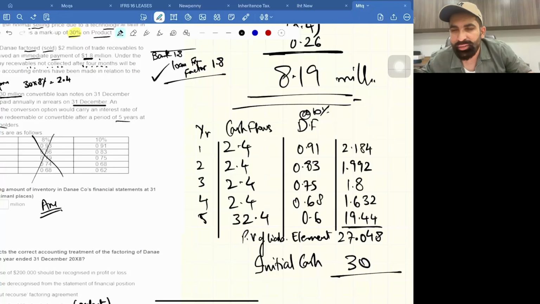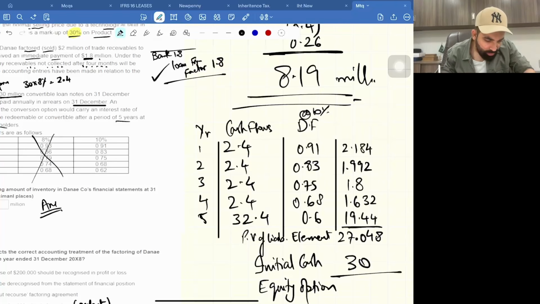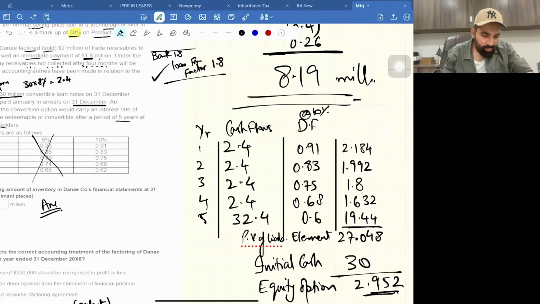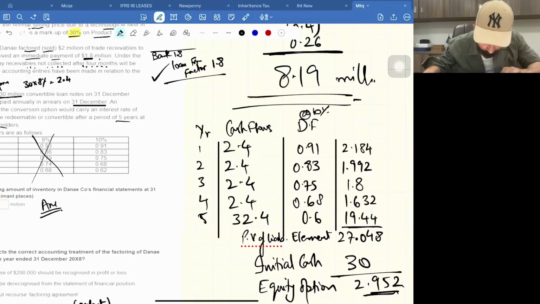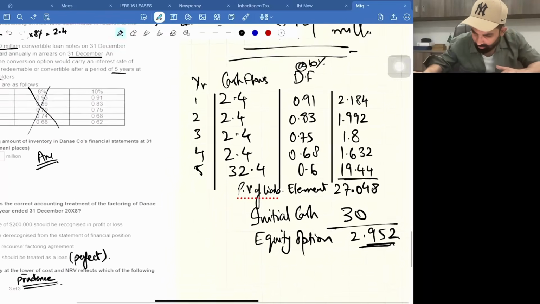Because the investor invested in one more thing, and that is the equity option. So can you take the difference? Yes, this will be 2.952.